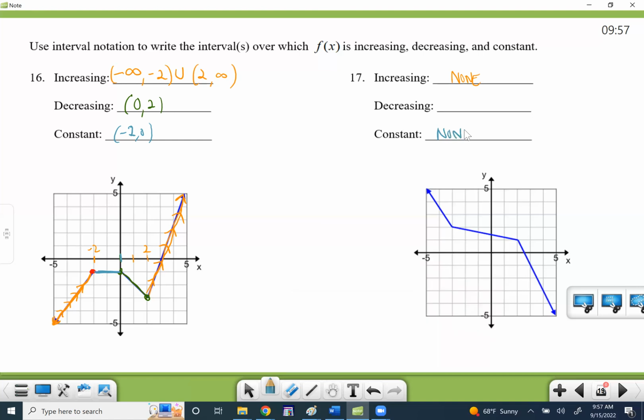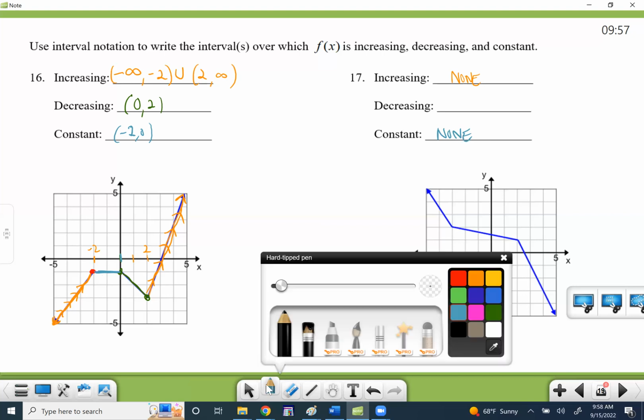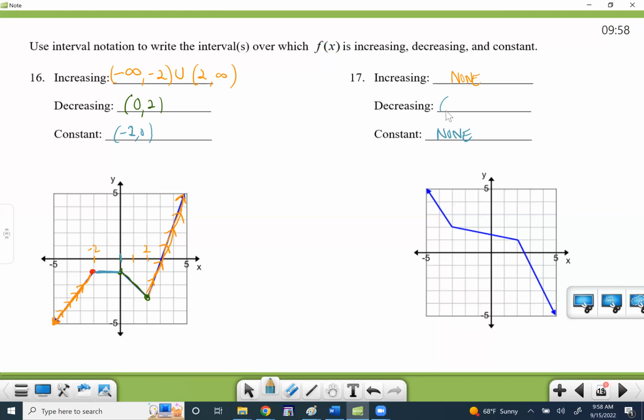Never. There we go. Okay. And then for when is it decreasing? Well, it's always decreasing, right? So this would be from -infinity. I should have done that in green, sorry.